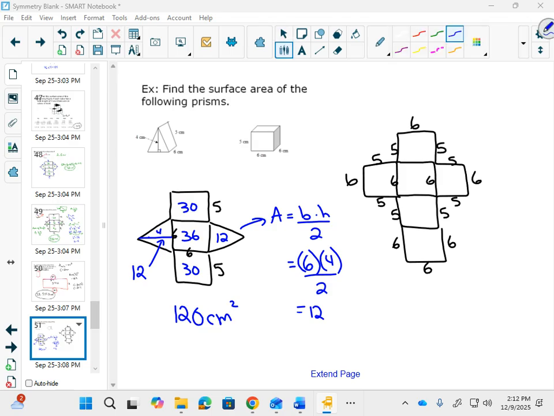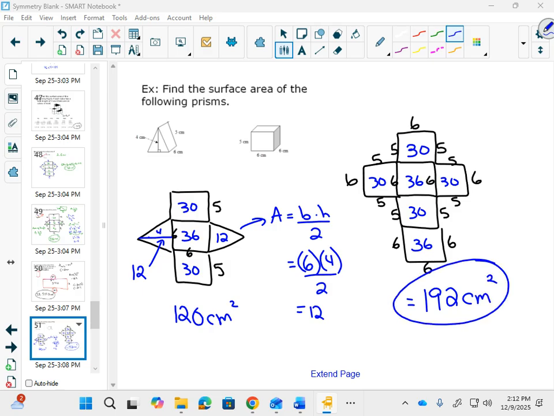So when we figure out the areas here, this one is 30. This one is 36. This one is 30. This one is 30. This one is 30. And this one is 36. And we add those all up, and we get 192 centimeters squared.